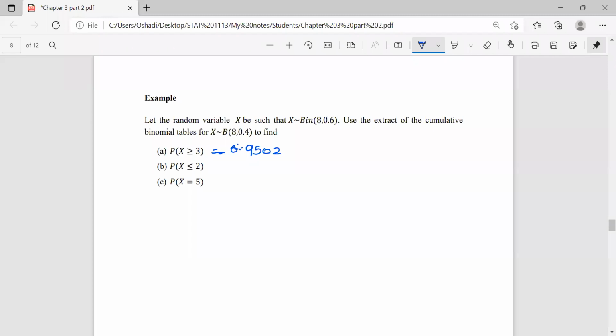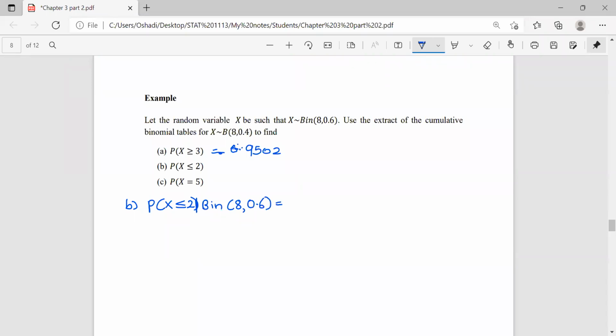Part B. We want to find the probability where x is less than or equal to 2. So it is from the binomial distribution 8, 0.6.